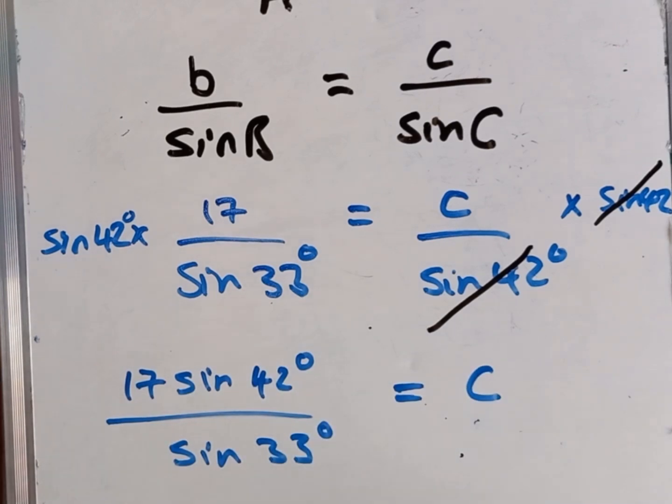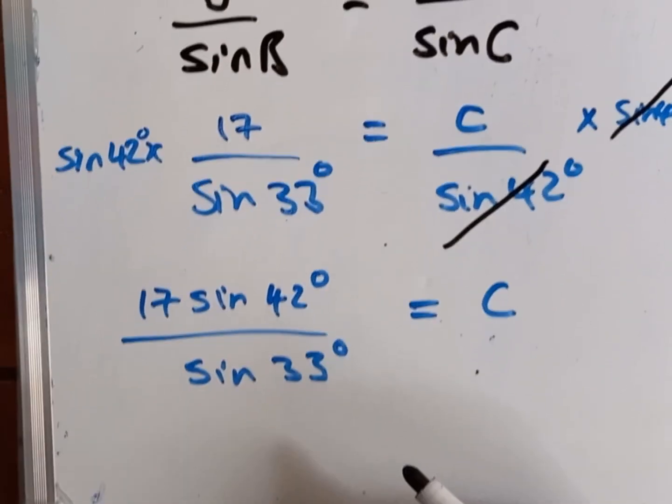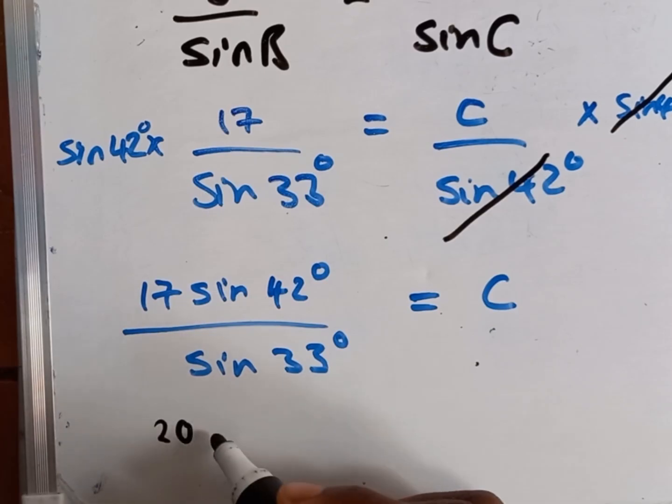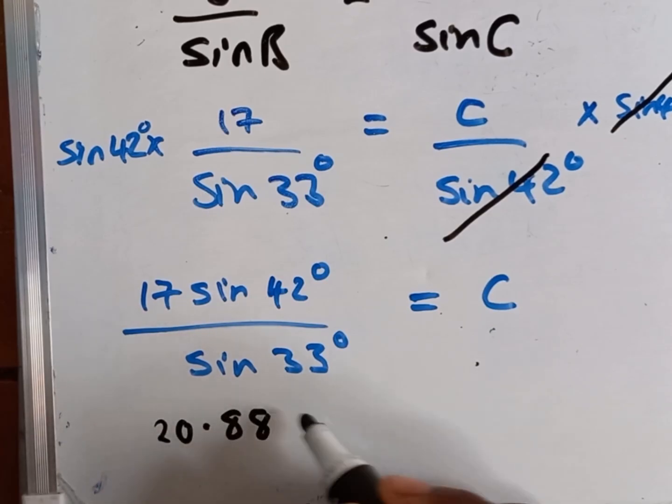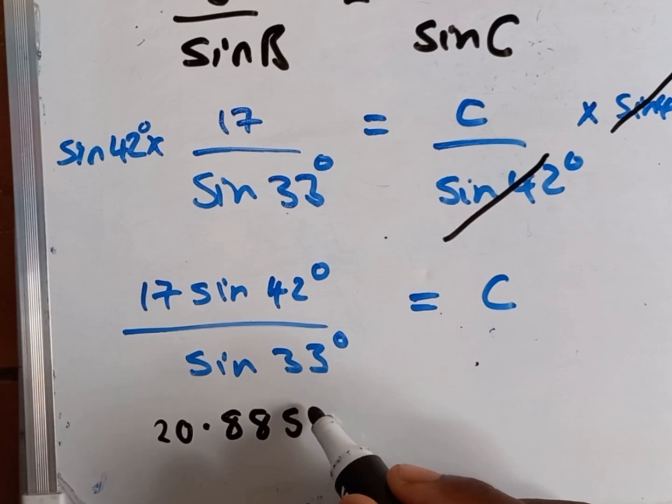So we are going to punch this into our calculator. Make sure your calculator is in degree mode. You say 17 sine 42 divided by sine 33. Your answer is 20.8857.